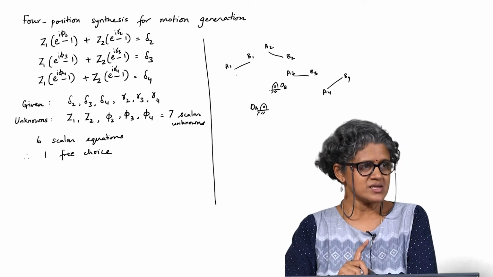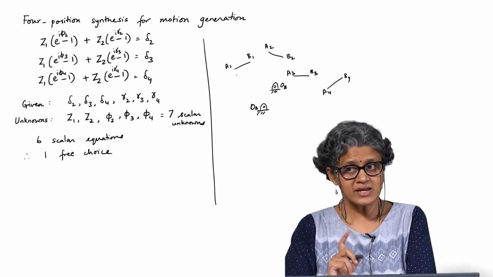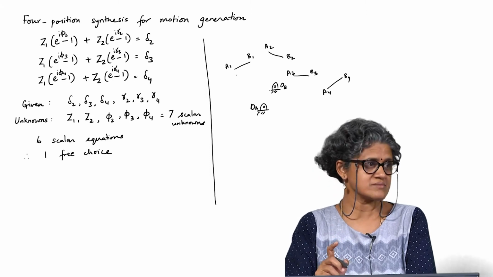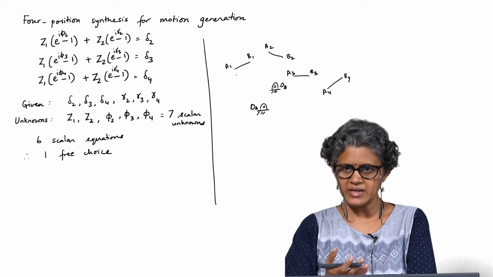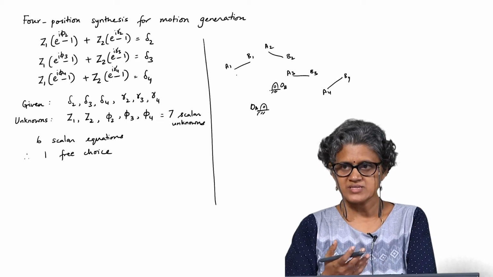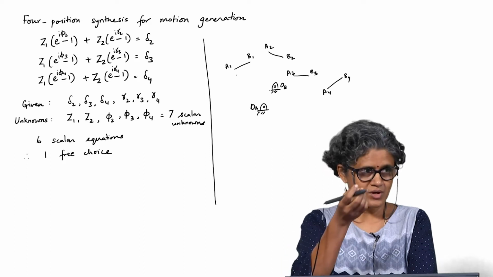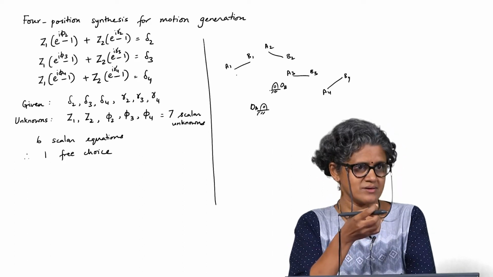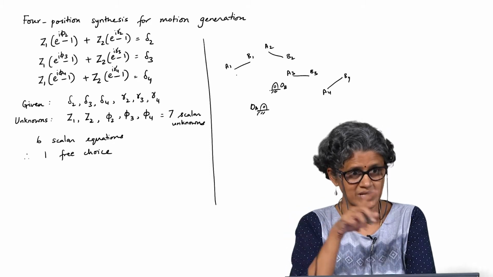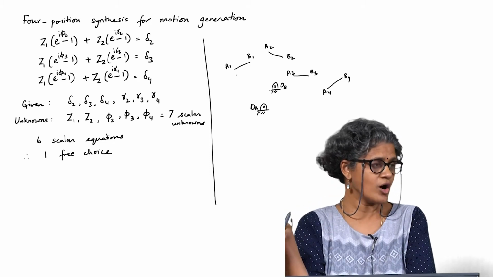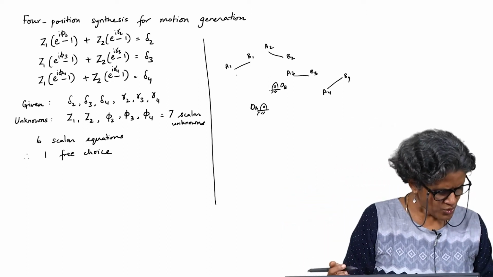So, the question we want to ask is, are there certain points on the coupler or the moving plane such that you can find a circle that passes through all 4 of them, so that they lie on the same circle.